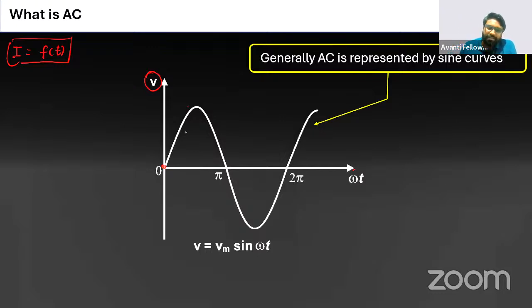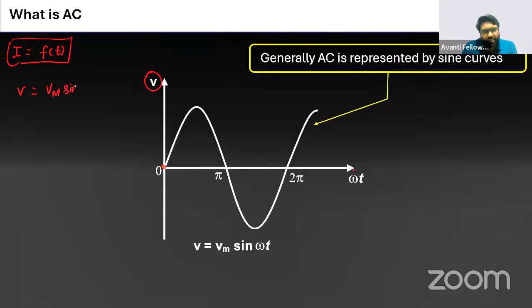then that particular quantity is termed alternating. So here in this graph, this is a graph of a sine function, like sine theta, cos theta. In terms of this sine function we are representing the voltage of this system. So here V is represented as Vm sine omega t.